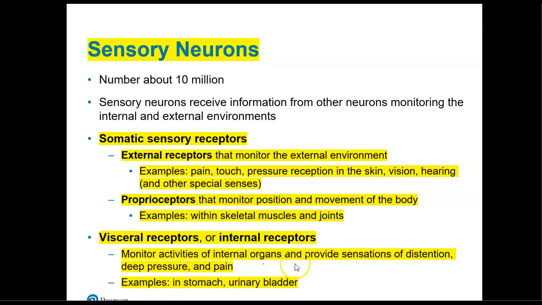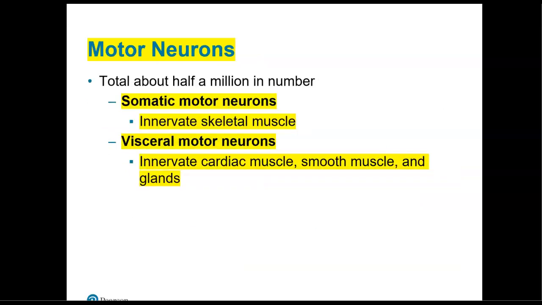They also monitor things that we don't notice as directly, for example the levels of certain chemicals in our blood: calcium, oxygen, carbon dioxide, glucose levels, and blood pressure. Those are monitored by visceral receptors.